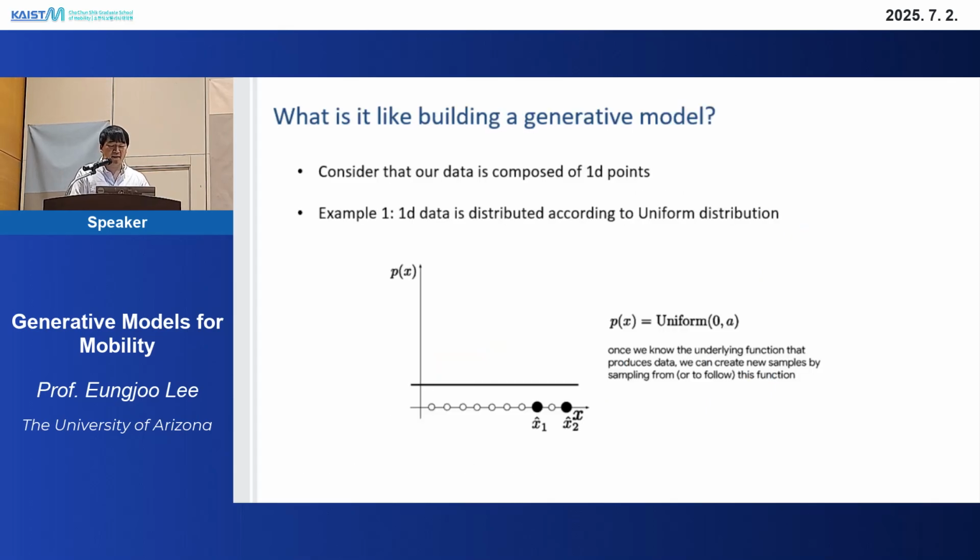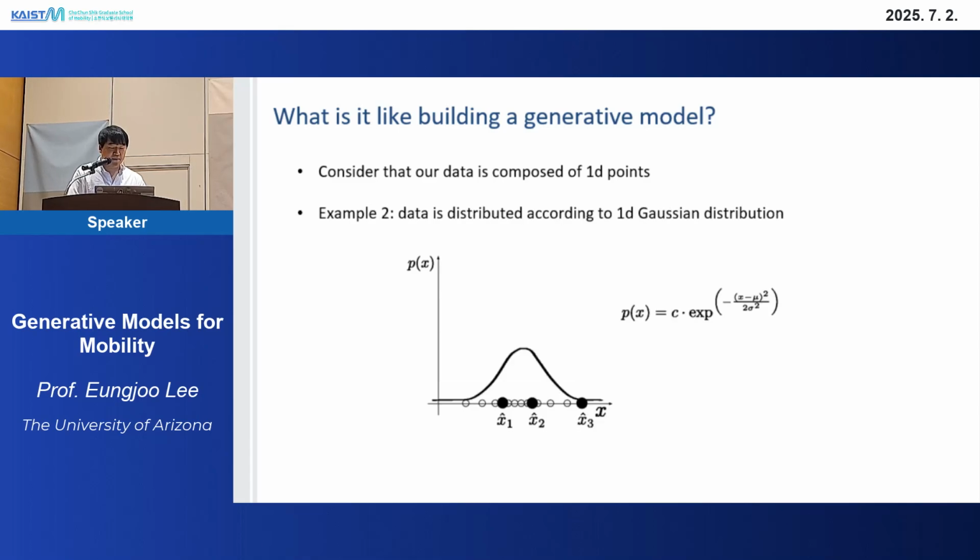So consider that our data is composed of 1D points. For example, 1D data is distributed according to a uniform distribution. Once we know this underlying function that produces data, we can create a new sample based on this function.